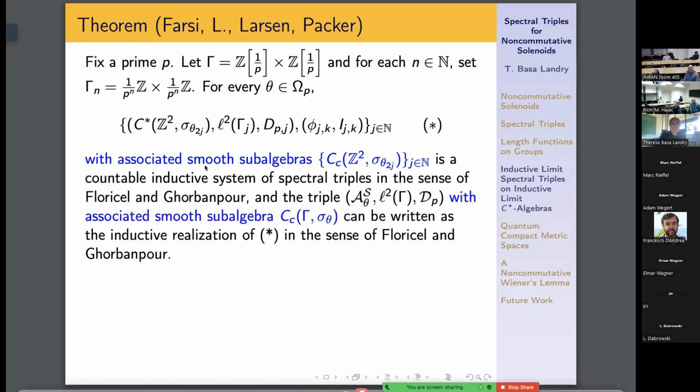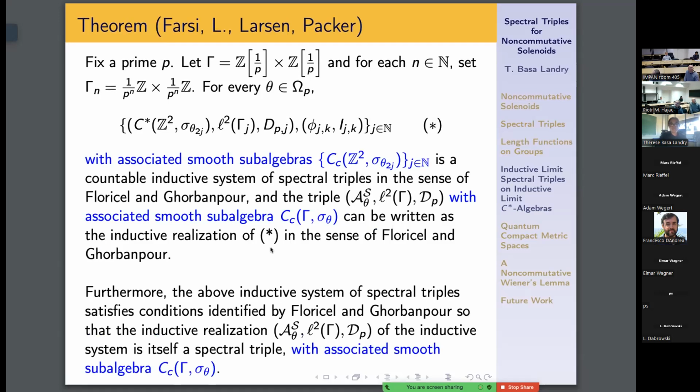Not only can our spectral triple on the noncommutative solenoid be written as an inductive realization, it also satisfies the conditions that I mentioned earlier that Floricel and Ghorbanpour identified, so that the inductive realization is itself also a spectral triple.